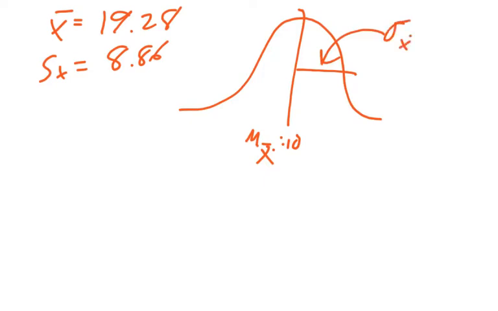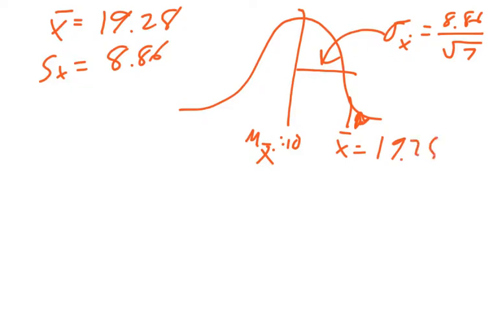Sigma of x bar is equal to 8.86 divided by the square root of 7. And 9.28 is somewhere out here. And remember, our degrees of freedom is equal to 7 minus 1, which is 6.